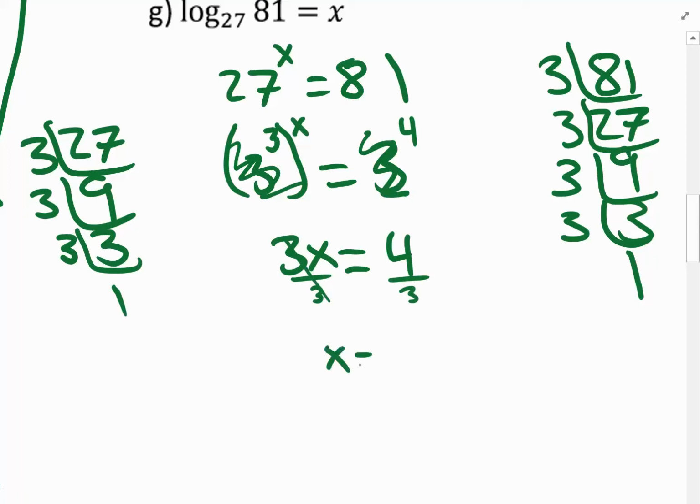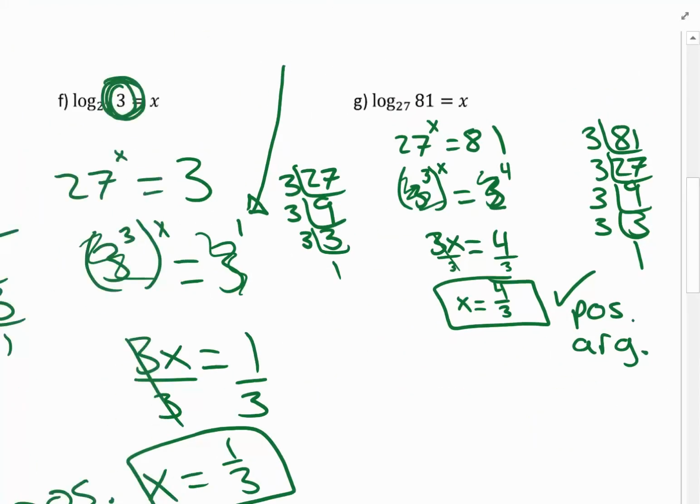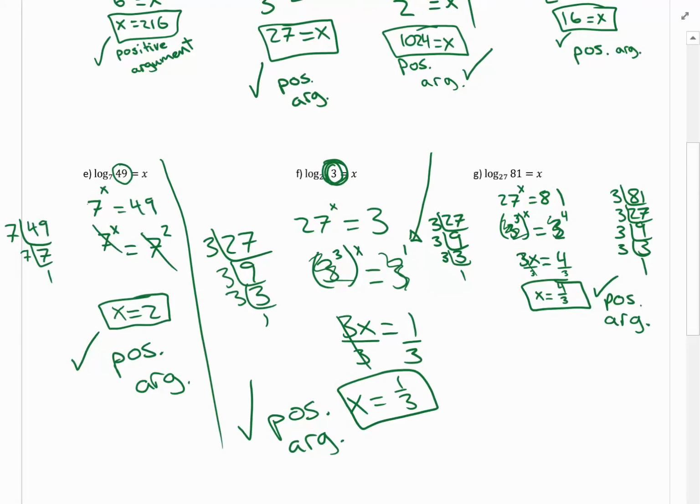And we get x equals 4/3. And yes, we have a positive argument. So we are done. So once again, the top row and the second row had slightly different ways to solve, but it's all stuff we know and have been practicing.